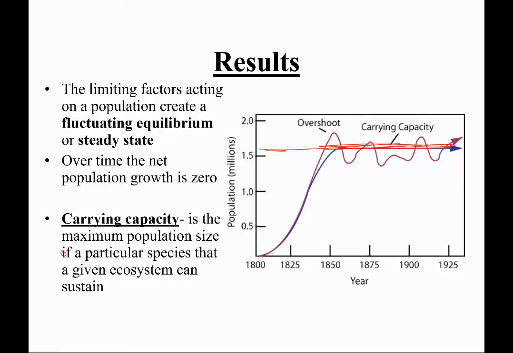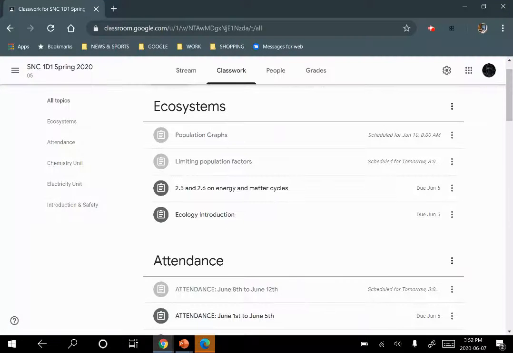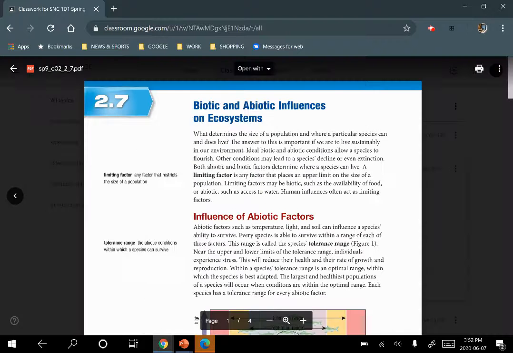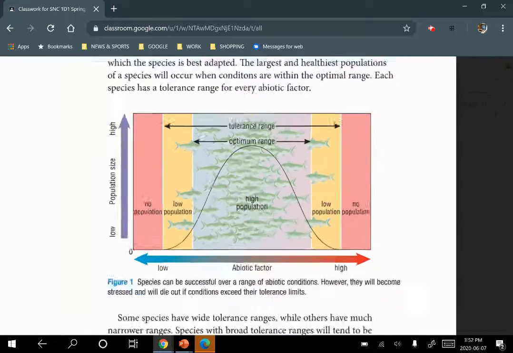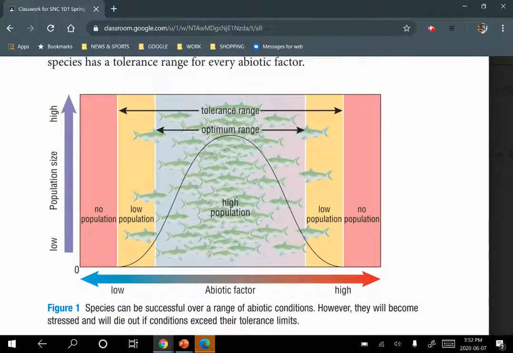The section focuses on separating these factors into biotic, living, and abiotic factors that affect populations. Actually, I'm going to get out of this and just show you what that section looks like for a minute, if I can navigate my way to it. It's this one right here, and here's your section. Biotic and abiotic influences on ecosystems. This graph right here is a really good one to show you what sort of optimal and tolerance ranges populations can go into, and things that negatively impact them.